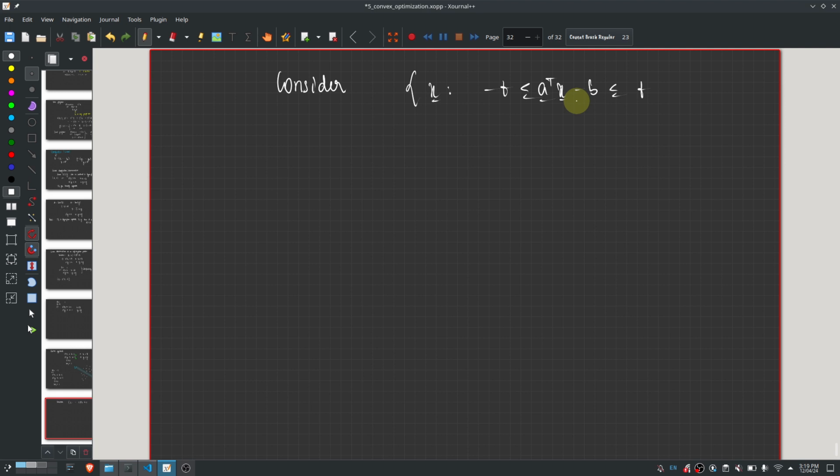This is the region in between those two. And you impose the constraint that the norm of a is equal to 1. For this, find out what the minimum distance to the hyperplane will be.